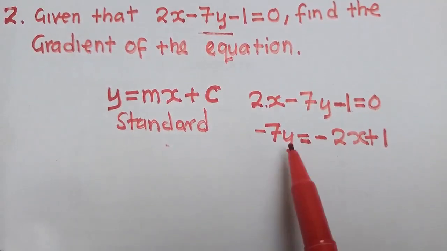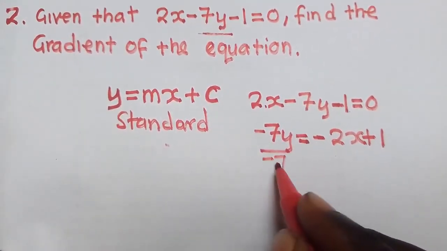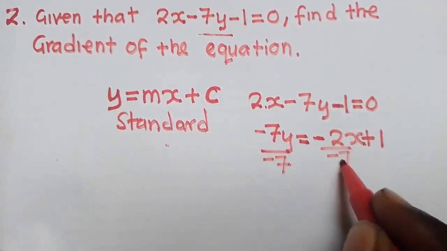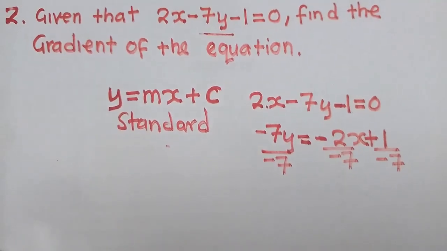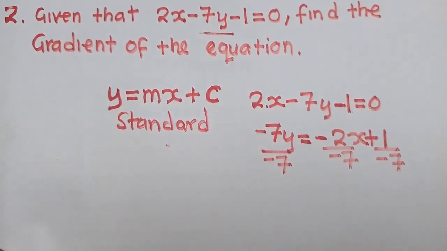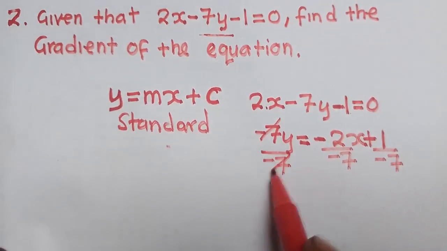Since you want to make y the subject of the formula, you divide both sides by negative 7 throughout, such that these two are going to cancel out.